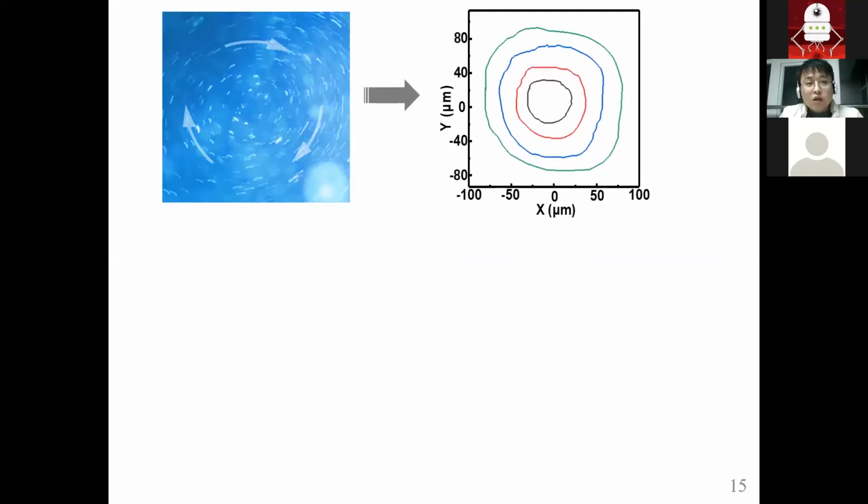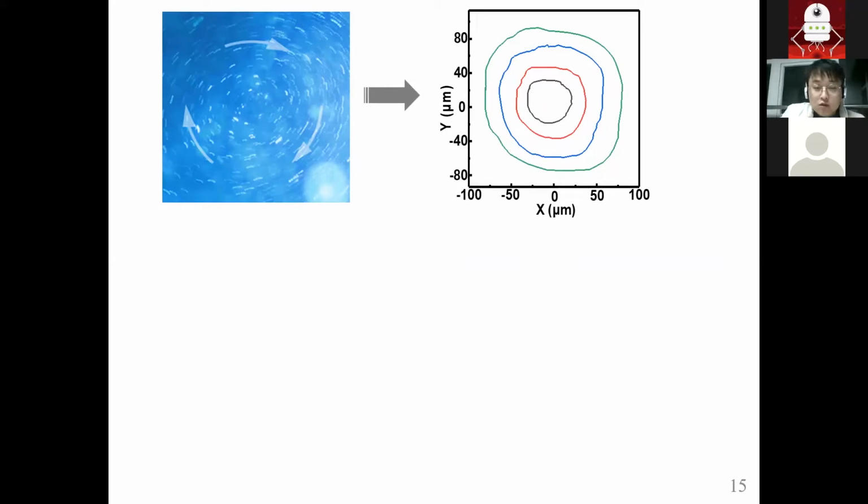Okay, here are the overlaid optical microscopic images of the spinning schooling motion and the representative trajectories of micromotors at different positions during the spinning schooling motion process.